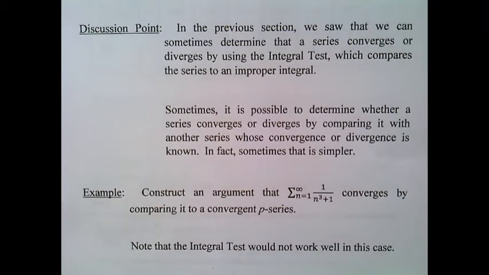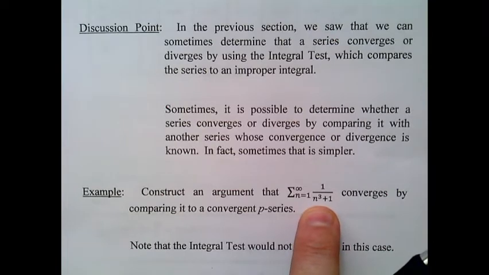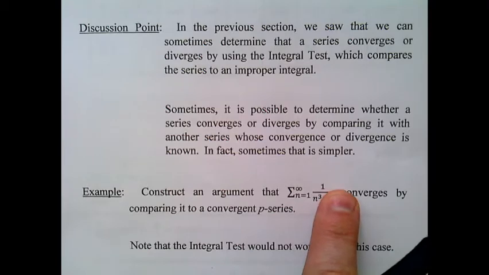But I'll tell you something else you can pick up right away. I see a 1 over n cubed in this problem. Now, there's also a plus 1, but if that wasn't there, this would be a p-series. And in fact it would be a p-series that would be convergent.